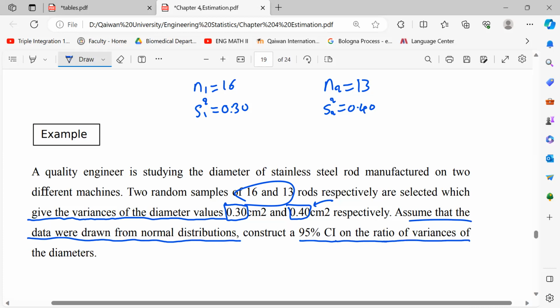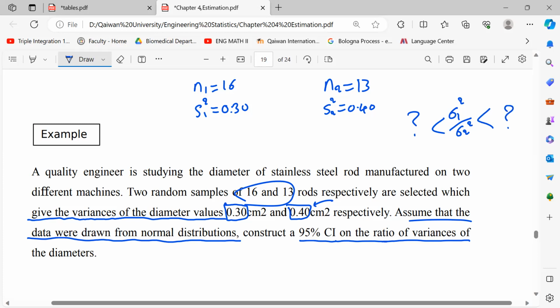A ratio of variances. So it's the last topic or the last case. Okay? Means sigma 1 squared over sigma 2 squared. We must find an interval for sigma 1 squared over sigma 2 squared. What are these? Okay.